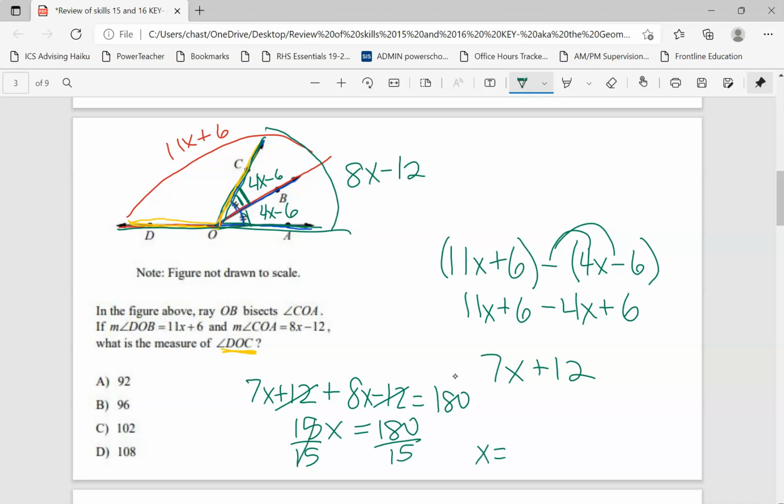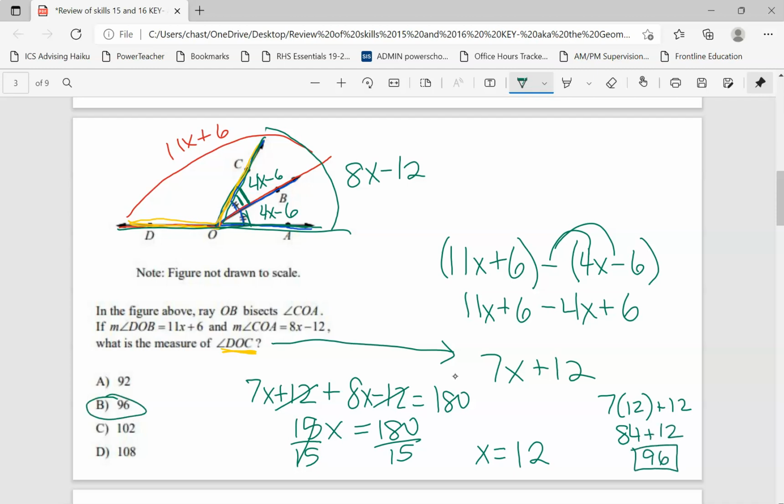And we get an x value of, let's see, 15 goes into 18 one time, 3 left over, 12 times, okay? So x is 12. And we want to now use that to find the measure of angle DOC. Angle DOC, remember, was 7x plus 12, so 7 times 12 plus 12. 7 times 12 is 84 plus 12, so we get 96.